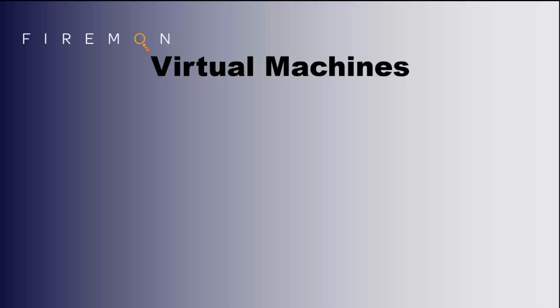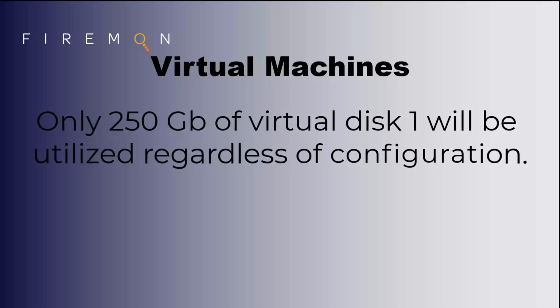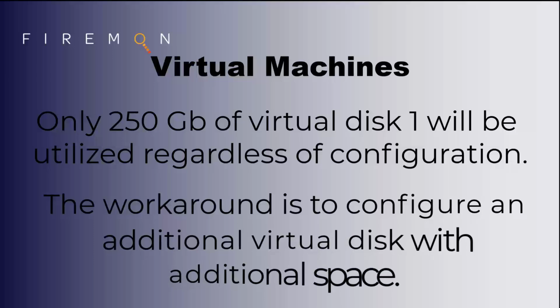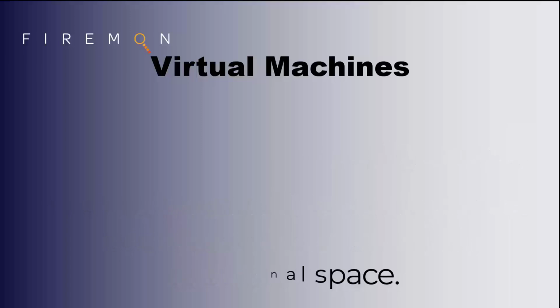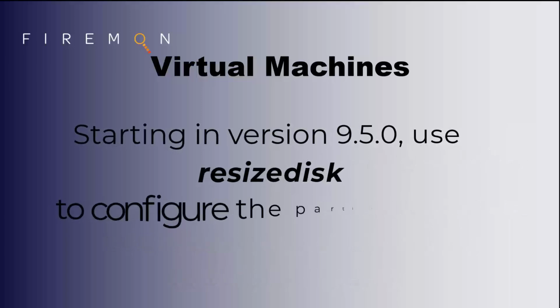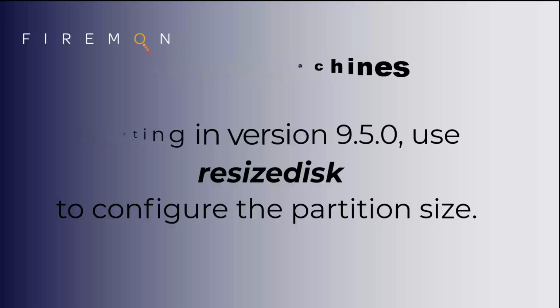It is important to note that for VMs on versions prior to 9.5, regardless of the disk size allotted, only 250 gigs will be used by the system. The only way around this is to create an extra virtual disk at the time of creation. This cannot be done after implementation. Starting in version 9.5.0, however, the resize disk command can be used to properly configure partition space after creation of the server.